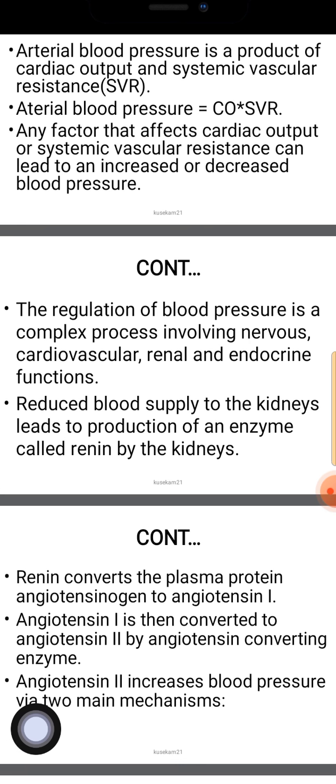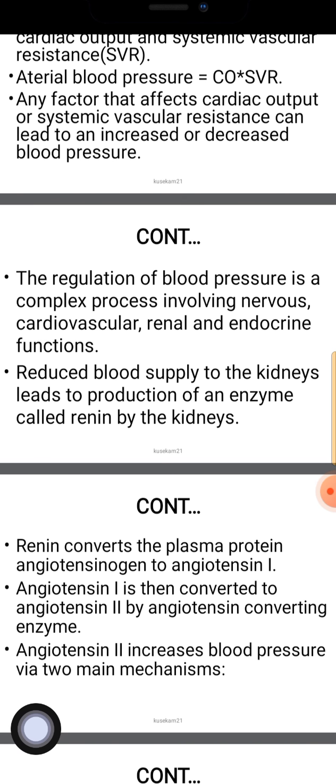So any factor that affects cardiac output or systemic vascular resistance can lead to an increase or decrease in blood pressure. Remember the predisposing factors that we have been talking about. So we have high blood pressure equal to cardiac output times what? Systemic vascular resistance.